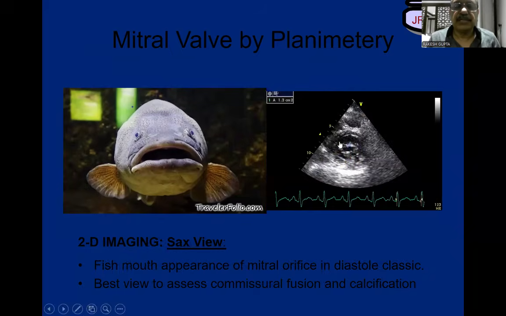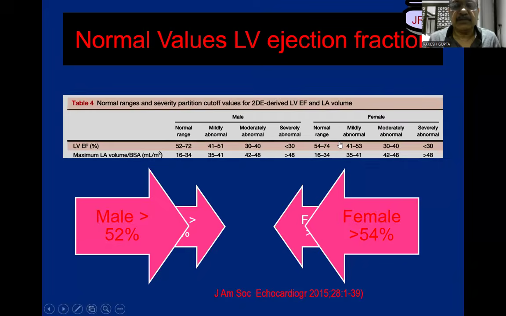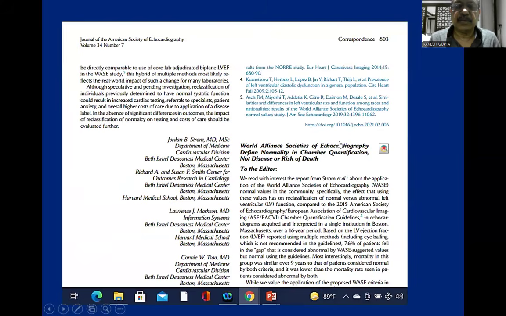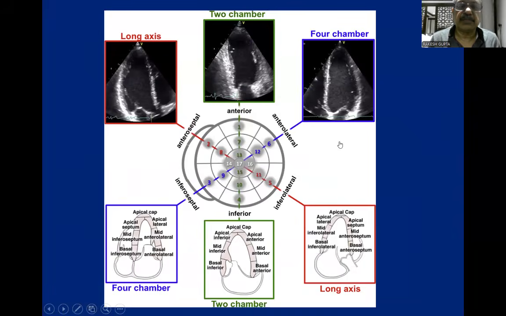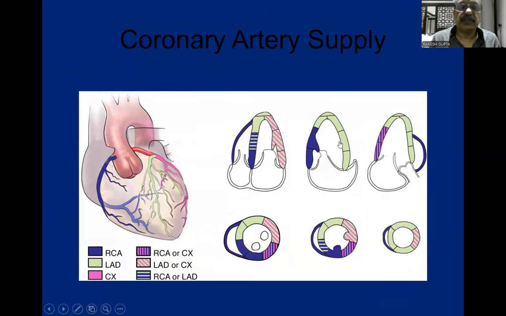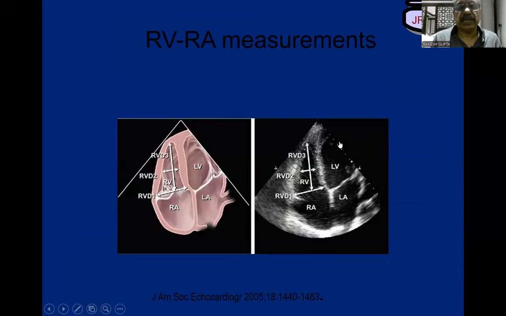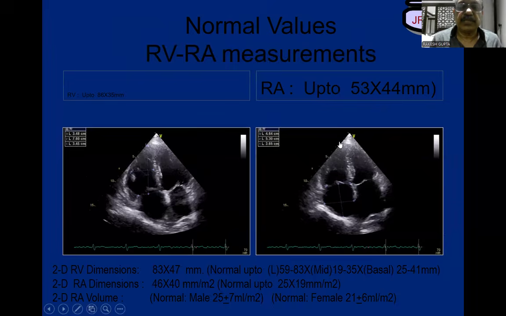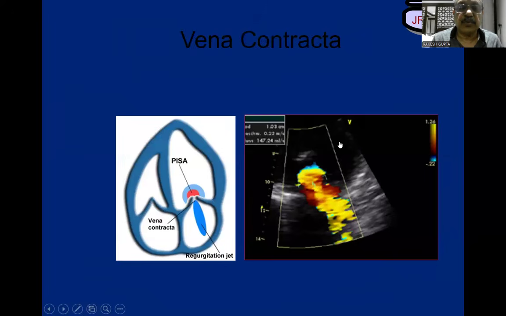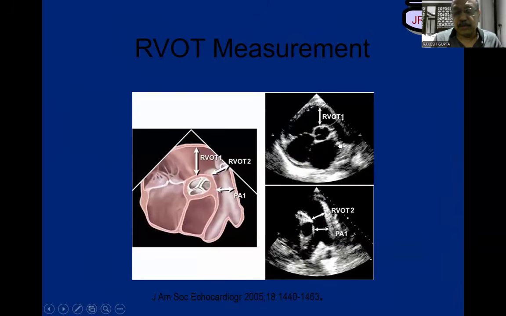That is the most important thing you need to remember about this phenomenon when you are talking of LV-LA measurements. I'll stop over here and take your questions, because this is what you need to practice before I really go to the Doppler measurements, which are equally important.